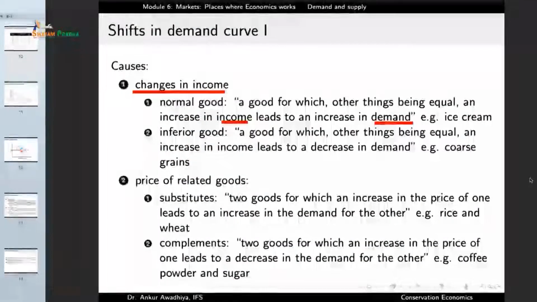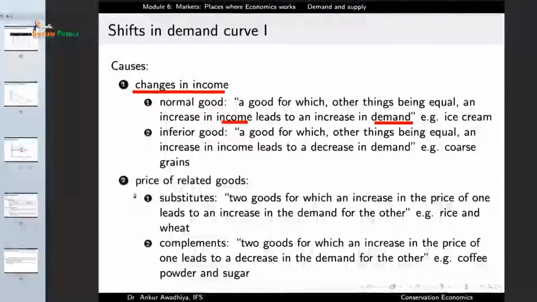Suppose the price of the ice cream was 20 rupees. Here again, if you have an increased income, you will ask for more ice cream. So it does not matter what was the price of the ice cream. Other things being equal, an increase in income leads to an increased demand at any price. So this will shift the demand curve. If people have more income, the demand curve will shift towards the right. If people have a reduced income, the demand curve will shift towards the left for normal goods.